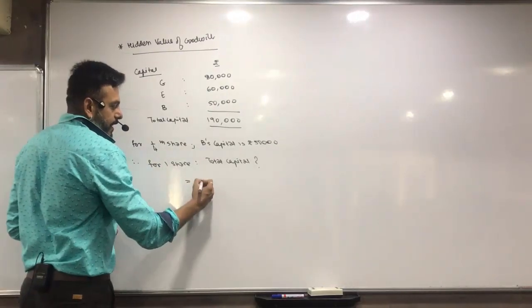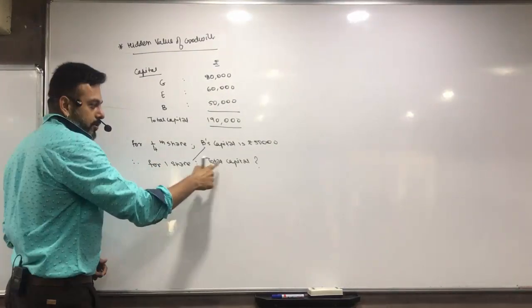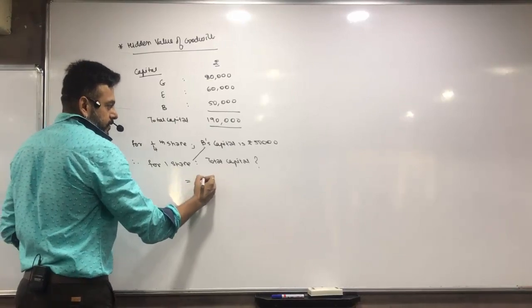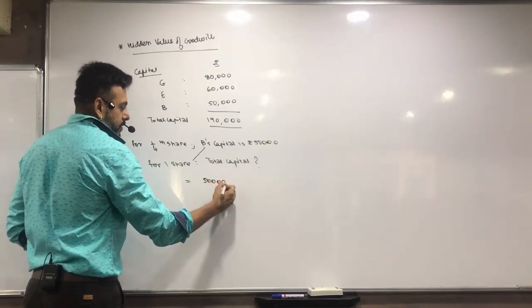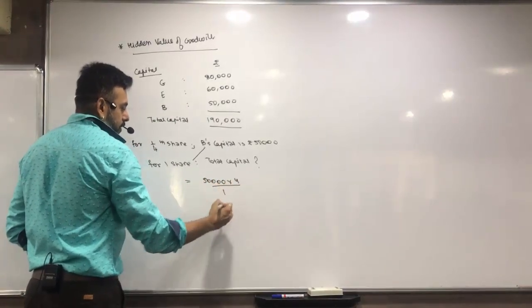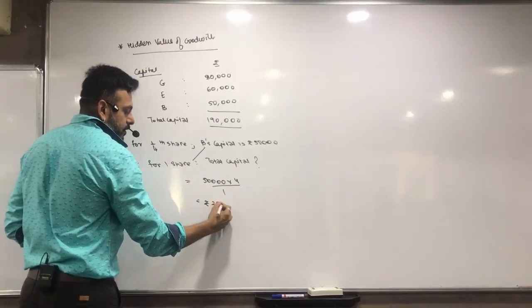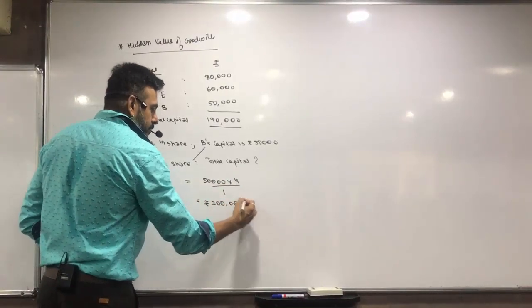So we do cross multiply. Total capital is 50,000 into 4/1 is equal to rupees 2 lakh.